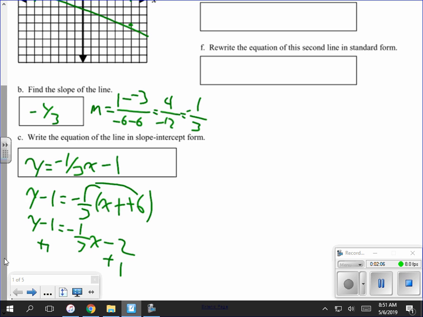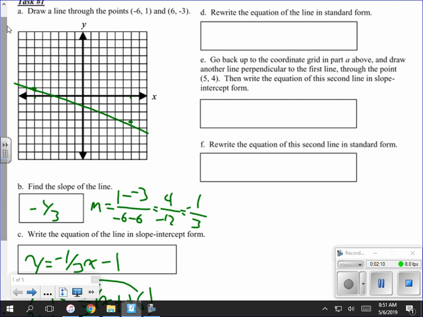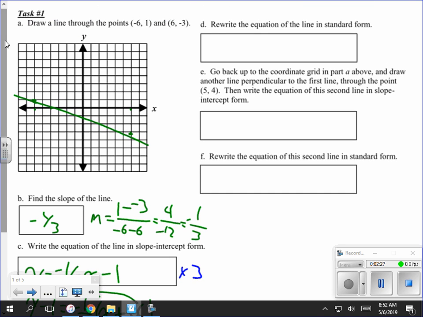Now, part D. Rewrite this one in standard form. Standard form, ax plus by equals c. No fractions, no decimals. So the first thing I do is I multiply this entire thing times 3 to get rid of my fractions. You do that times 3, you end up with 3y is equal to -x minus 3.